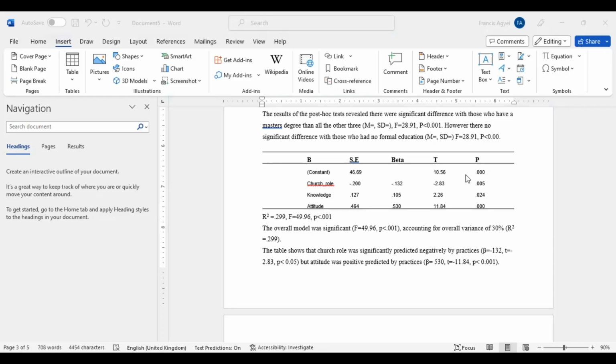So the main analysis is either you are comparing groups or you are looking at relationships. Those are the two main types of analysis. And with the comparing groups, we looked at independent t-test, we looked at ANOVA, we looked at MANOVA. Then relationships, we looked at correlation, linear regression, multiple regression, and then hierarchical regression.